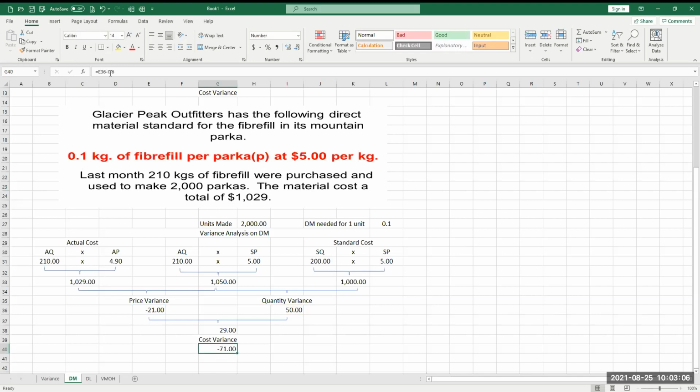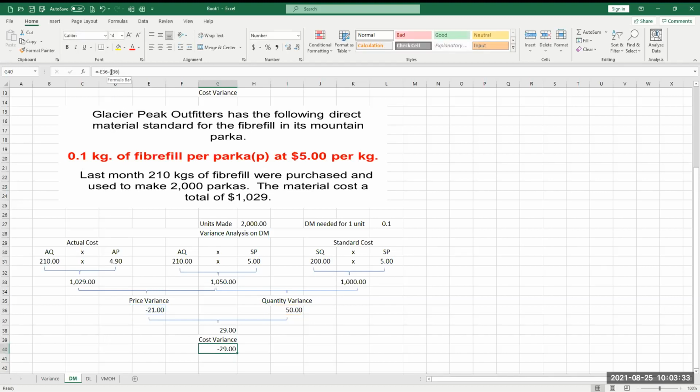Not in this case, because this one should be this one minus, minus bracket, that one. Still 21. What will that be? How can we do this formula? 21 is negative, so minus this one minus that one. Let's do this one.